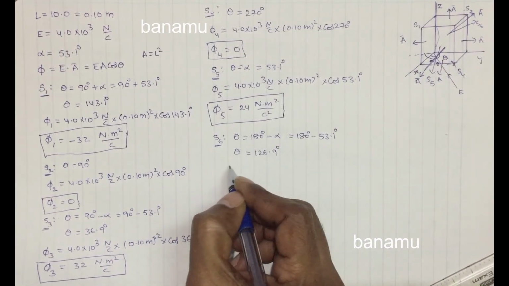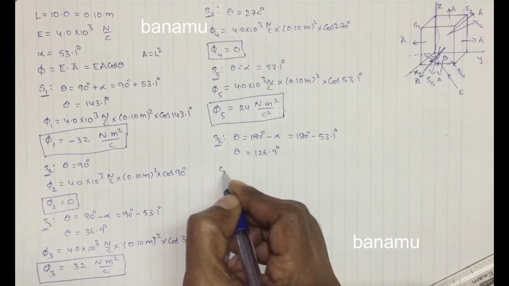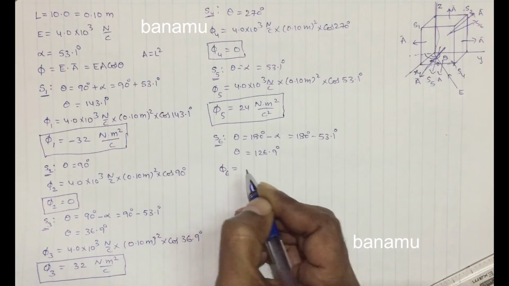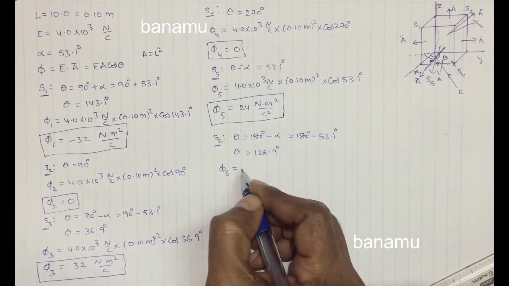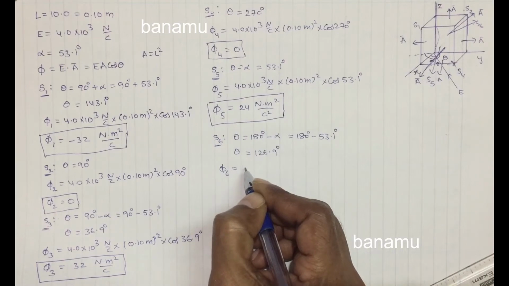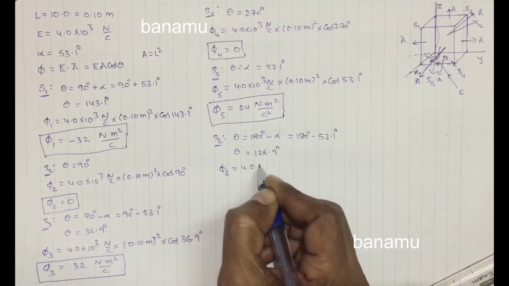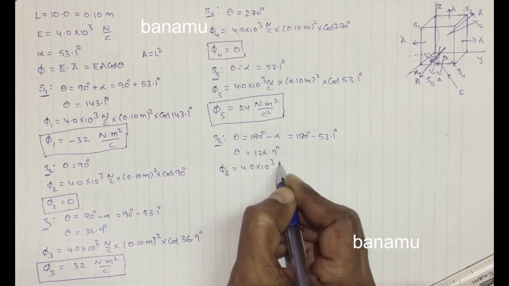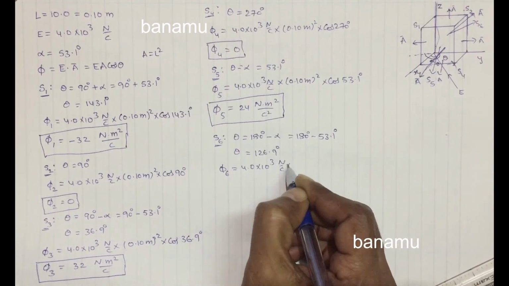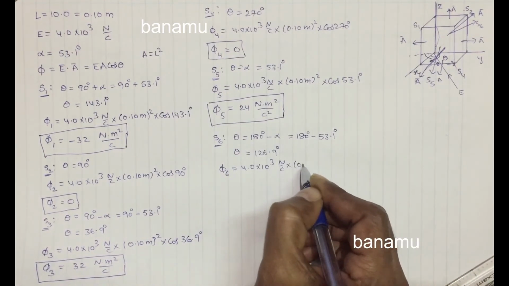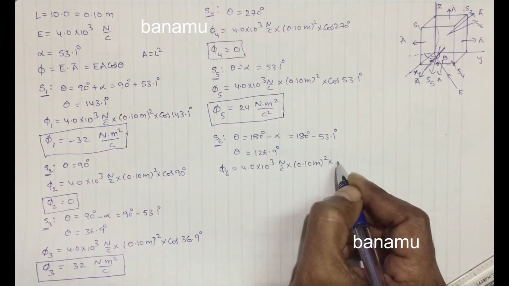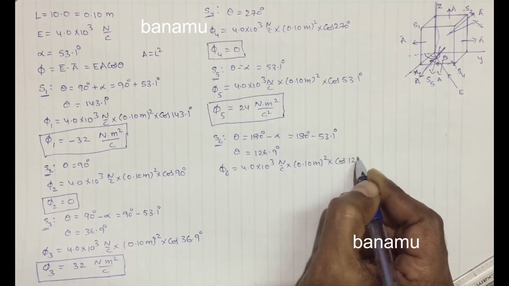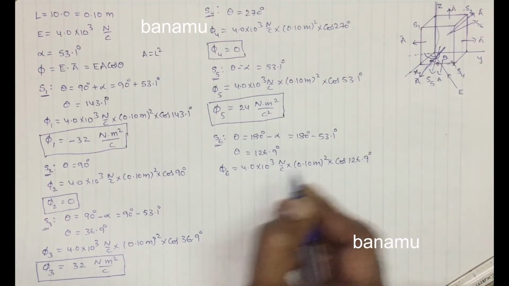So the electric flux at the surface S6 is phi 6. Phi 6 is equal to the electric field, 4 times 10 to the power of 3 Newton per Coulomb, times the area, 0.1 meter squared, times cos 126.9 degrees.